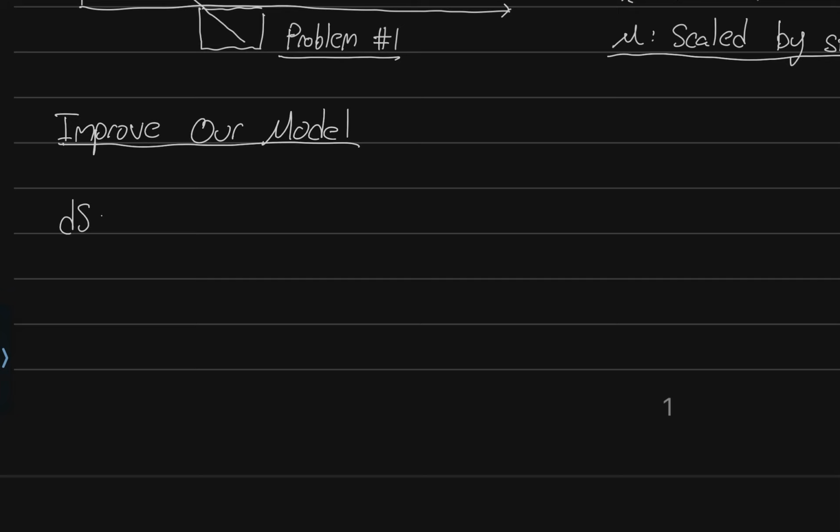We know ds is equal to mu dt, but we have to scale by s, right? So we're going to rewrite this as ds is equal to s mu dt. So now this is essentially going to be our slope. Cool. Now this is another differential equation that we can solve.